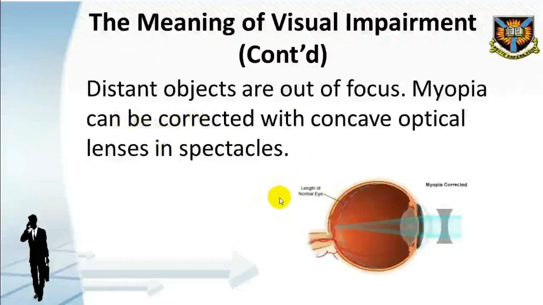A child suffering from myopia finds it difficult to read material from the chalkboard from the back seat, stoops over reading material, gets tired easily while using the eye, etc. Myopia can be corrected with concave optical lenses in spectacles.